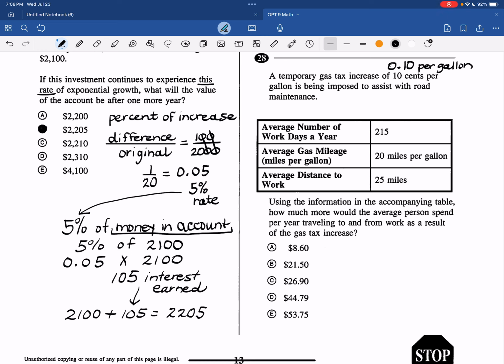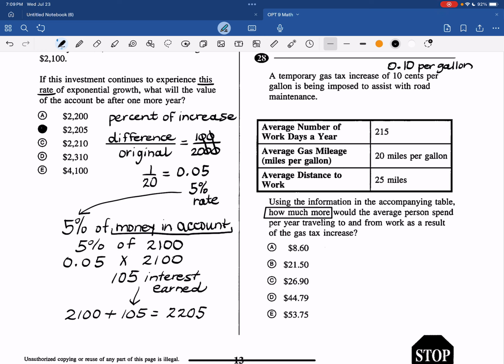Using the information in the accompanying table, how much more, that's a subtraction word usually, I'm not sure it's going to be in this one, but possibly, how much more would the average person spend per year traveling to and from work as a result of the gas tax increase?